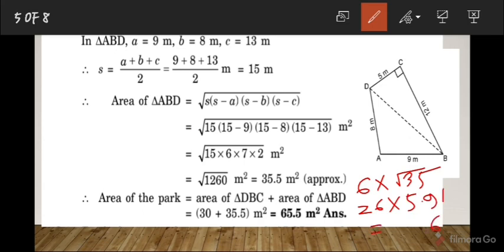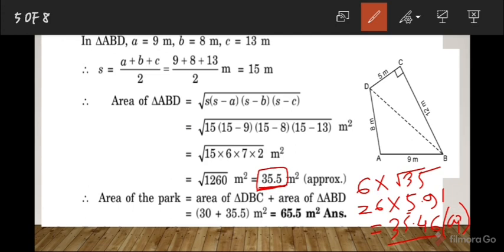So 6 nines are 54. Okay, 5 is in your hand, 35. Okay, as you can see, 35.46 approx and 35.5 both are nearest, so 35.46 can be written as 35.5 meter square.